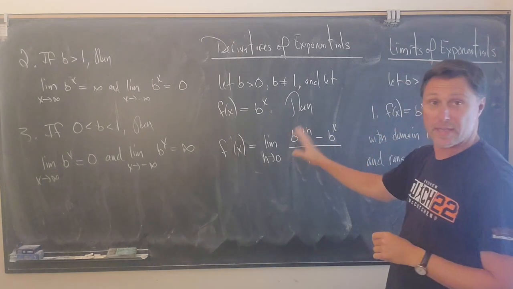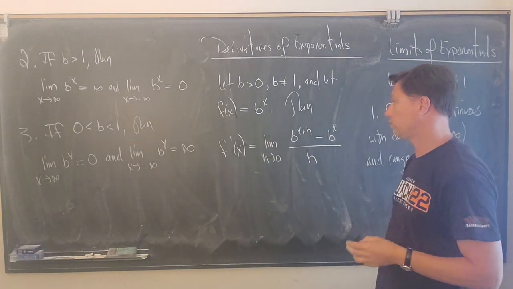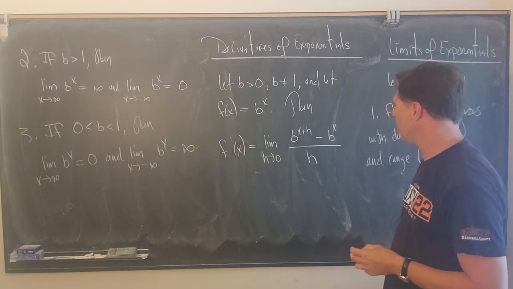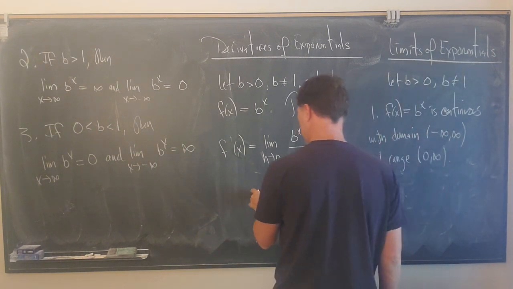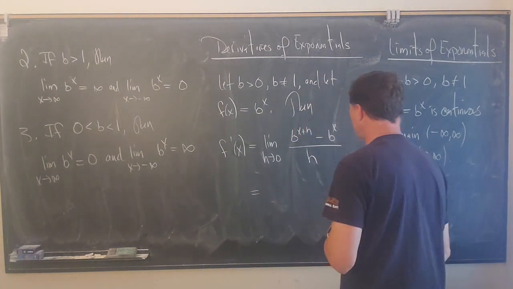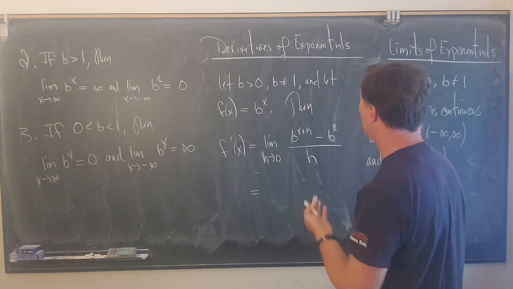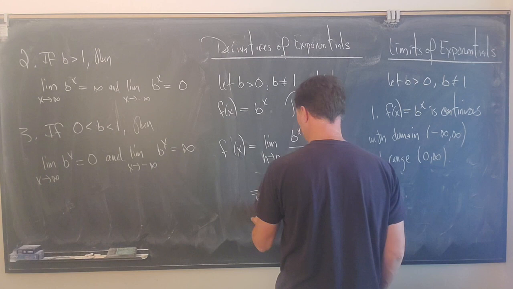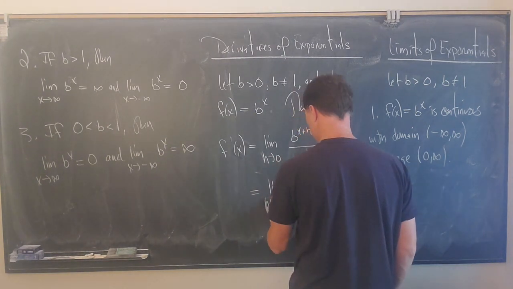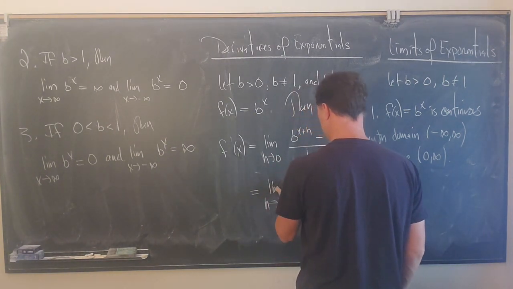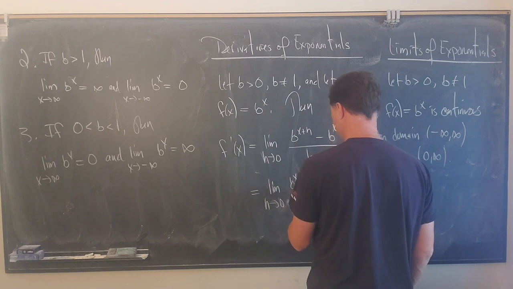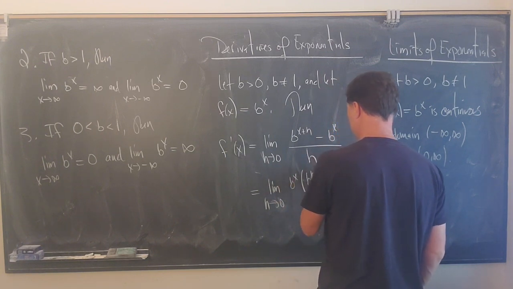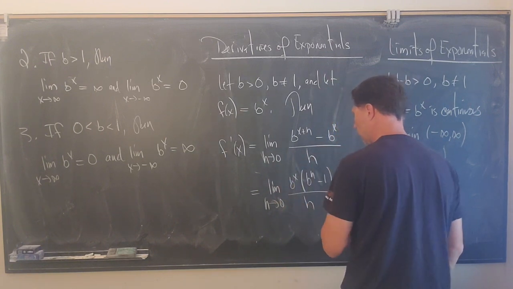This is straight from the definition of the derivative of a function. And I want to do a little bit of simplification here. So I'd like to factor a b to the x out of each piece in the numerator. So this will be a limit as h goes to 0 of b to the x times b to the h minus 1 all over h.